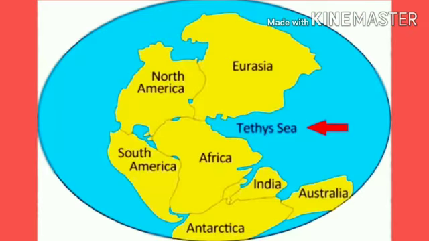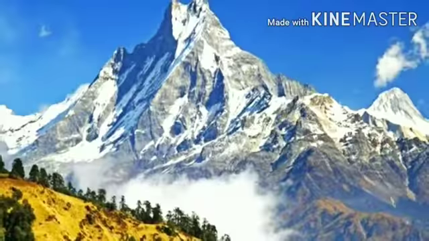Before this collision, there was all water in between the Indian plate and the Eurasian plate, and this water body was known as the Tethys Sea. So all the sedimentary rocks at the bottom of the sea started folding up. As a result, the Himalayan mountains that you see today were formed.